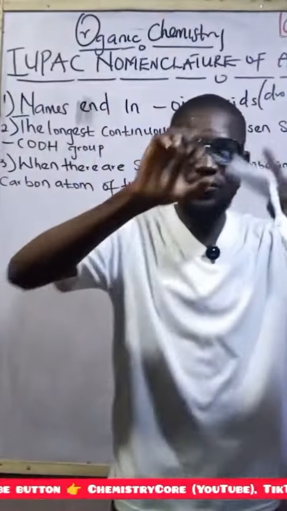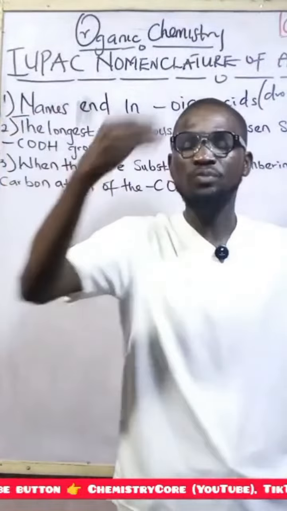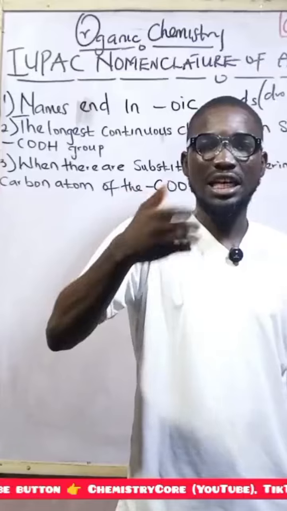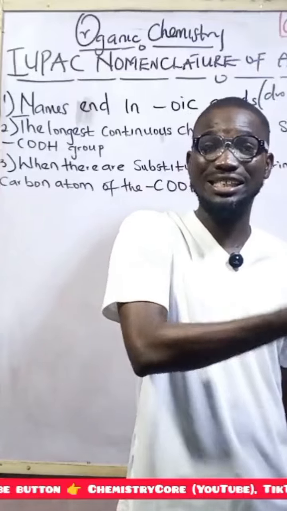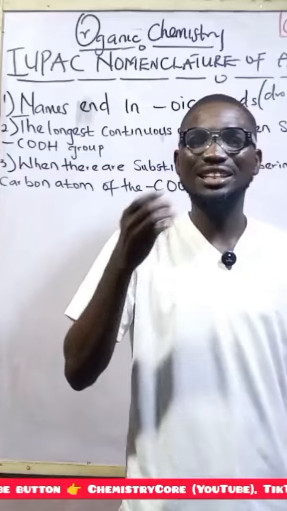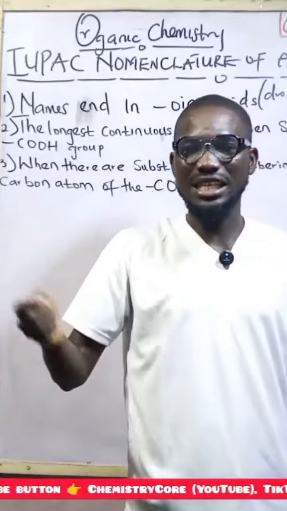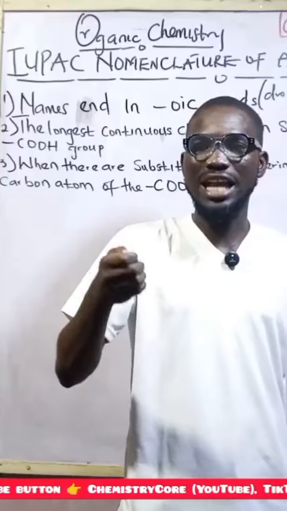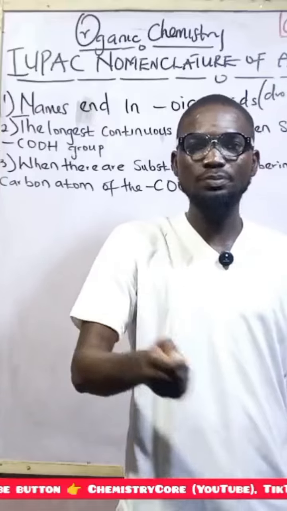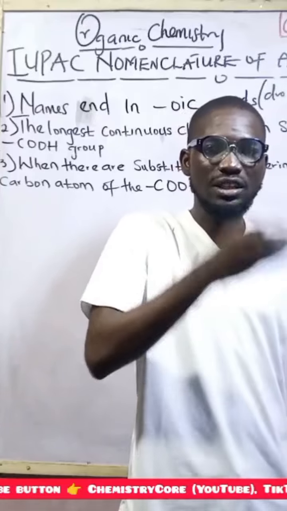That is, if you are given any compound that you have to name as far as the carboxylic acid is concerned, you need to consider the numbering irrespective of where the substituent is placed. You need to consider the numbering from where you have the functional group.